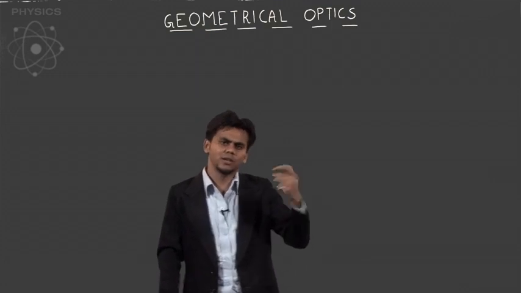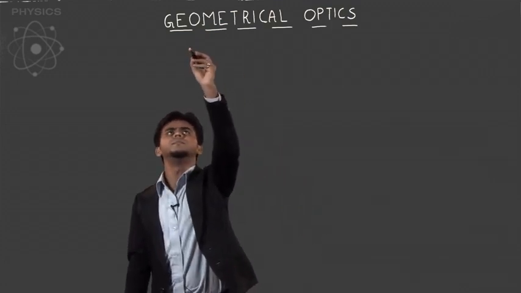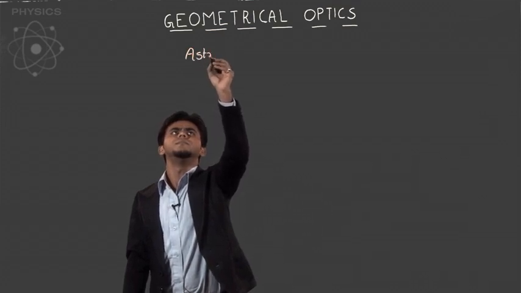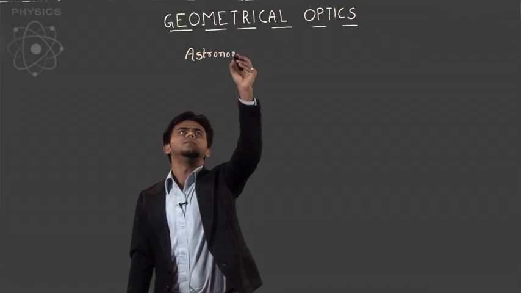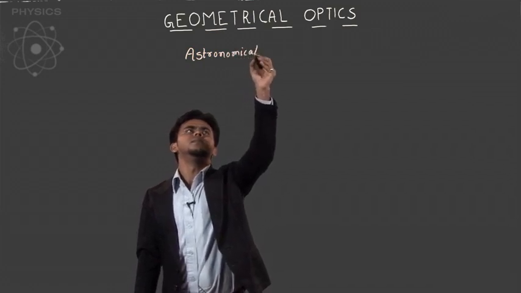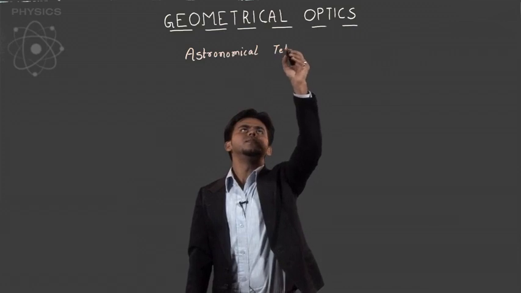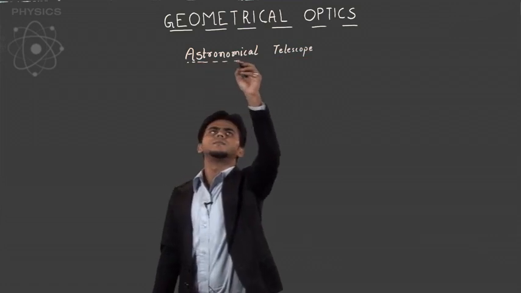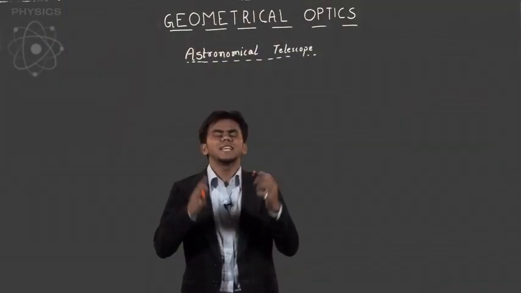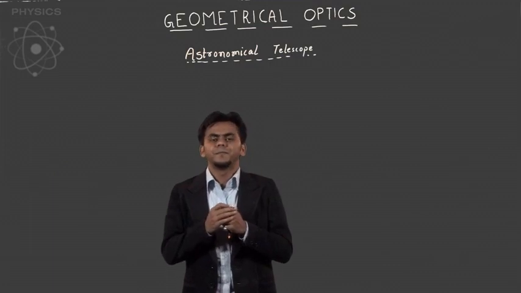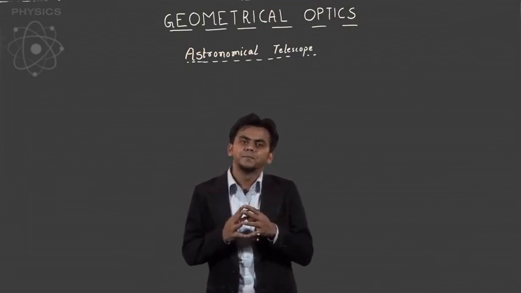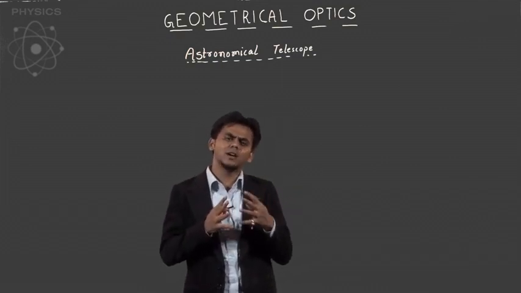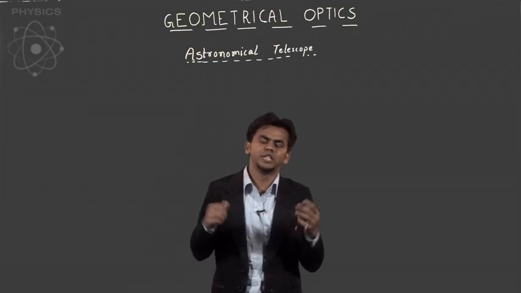Now let's start the astronomical telescope. So in this astronomical telescope, we have an objective having large aperture and large focal length, and an eyepiece having a smaller aperture and a smaller focal length compared to the objective.